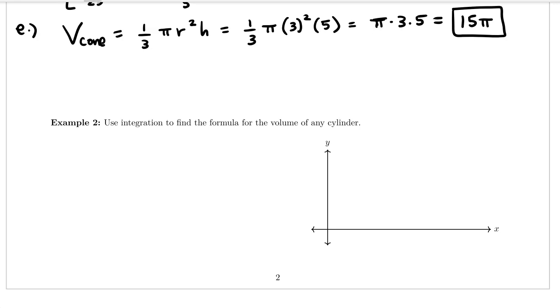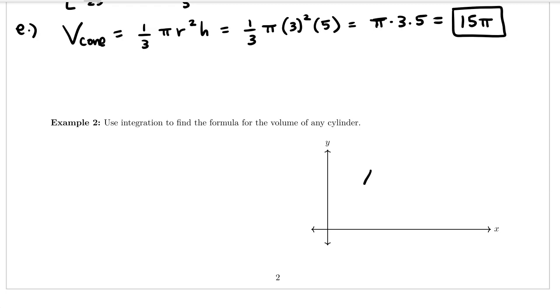Now, that seems like a big ask, but in reality, remember a cylinder is basically two bases that are the same size, shape, and orientation, and they're parallel, and we're connecting them together. So really, my base shape could be anything that I want it to be.